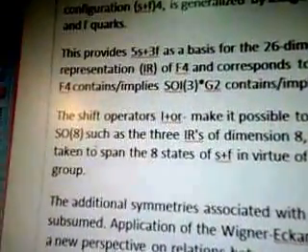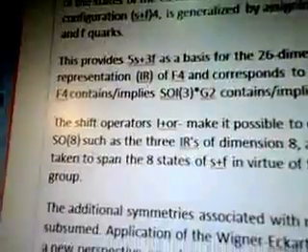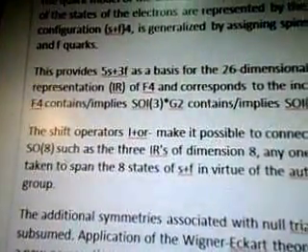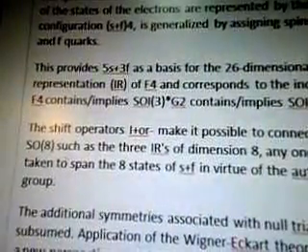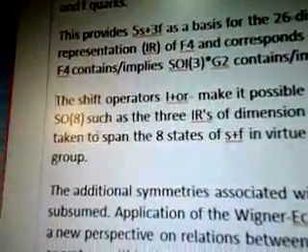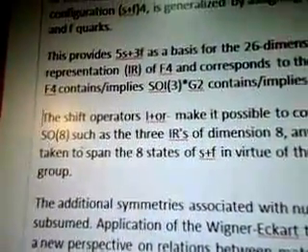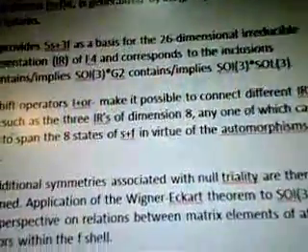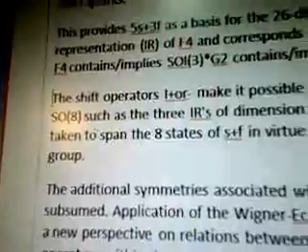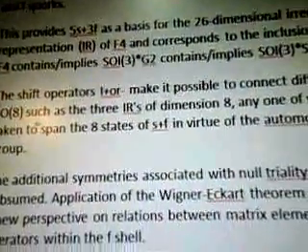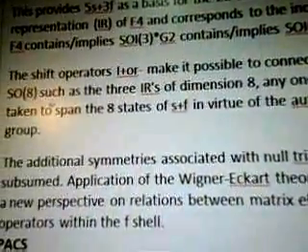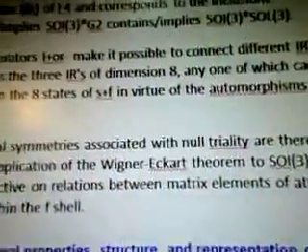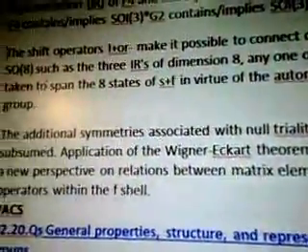the inclusions F4 contains implies SO3 G2 times G2 contains a dash implies SO3 dash or times SO3. The shift operators I plus OR minus make it possible to connect different IRs of the SO8, such as the 3 IRs of dimension 8, any one of which can be taken to span the 8 states of S plus F, in virtue of the automorphisms of that group.